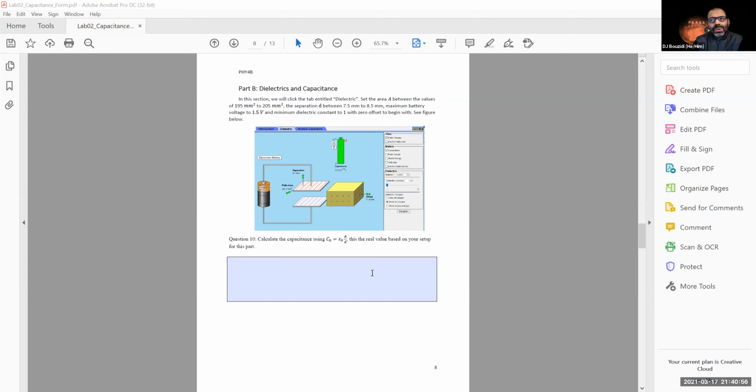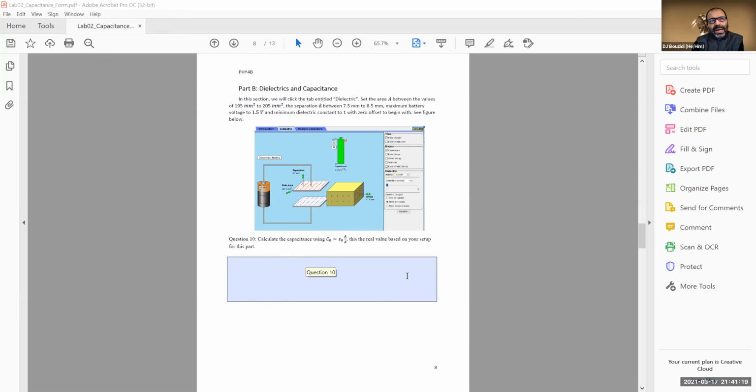Again, based on my numbers, this is the number I chose for D, and this is the number I chose for the area, properly converted to meters squared. So my capacitance for this case is C naught equal to, plug in the number, okay? You can use picofarads if you like, or 10 to the negative 13, or 10 to the negative whatever.